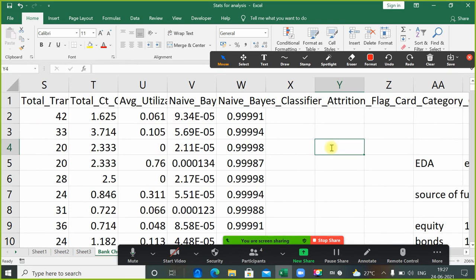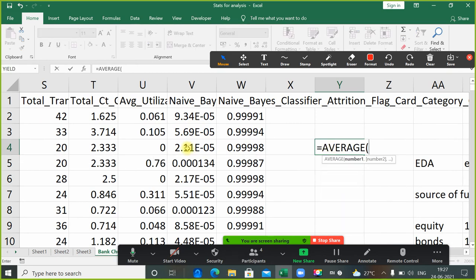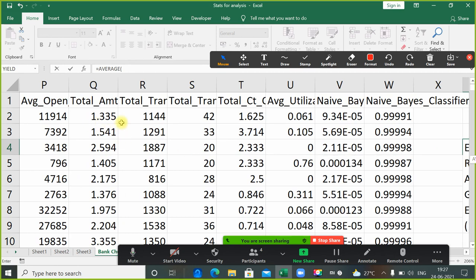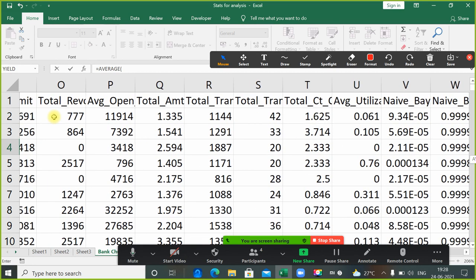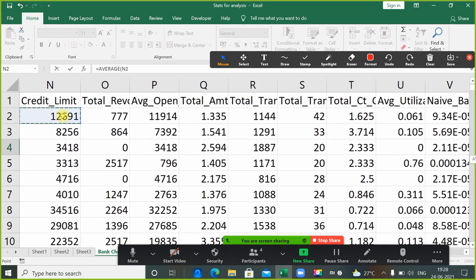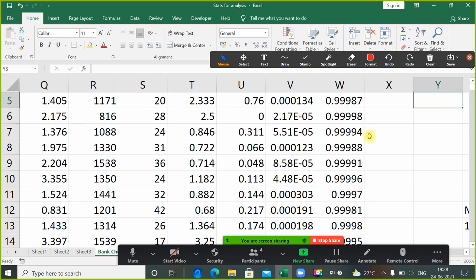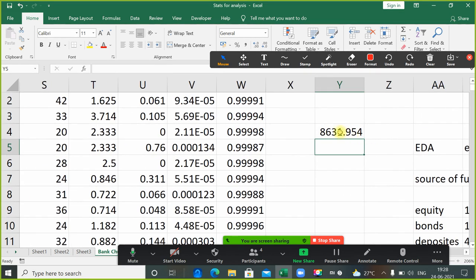So equal to average, and we select that particular column and press enter. So the average of the data is 8631.954. That is nothing but the mean of the data.